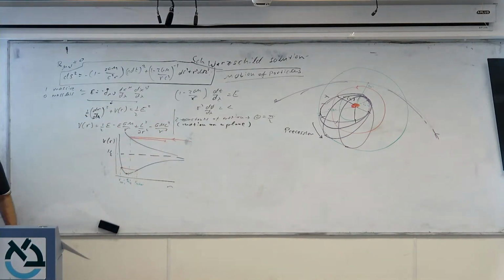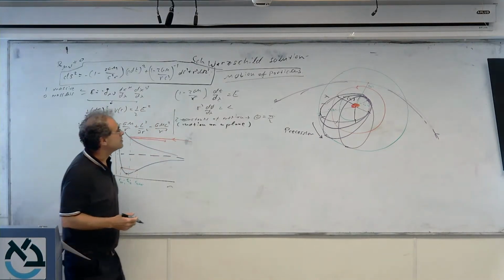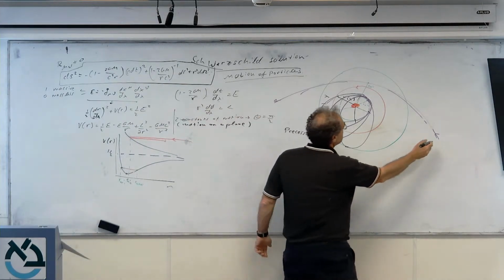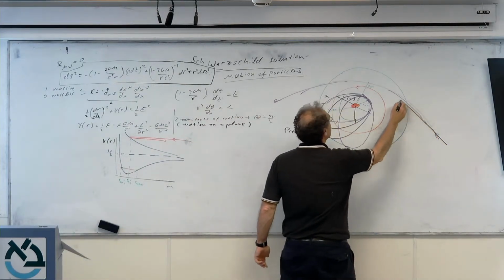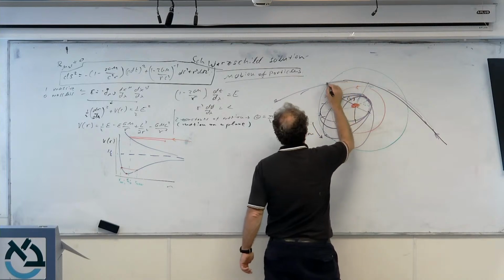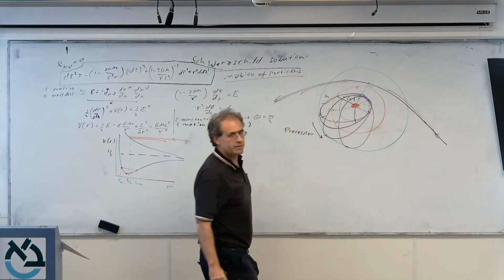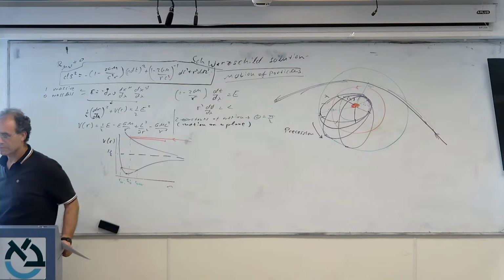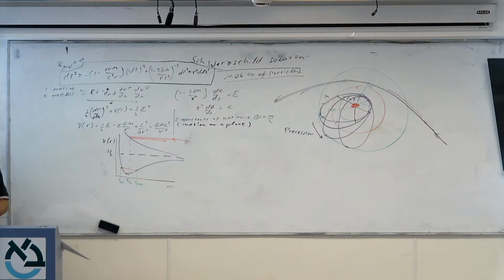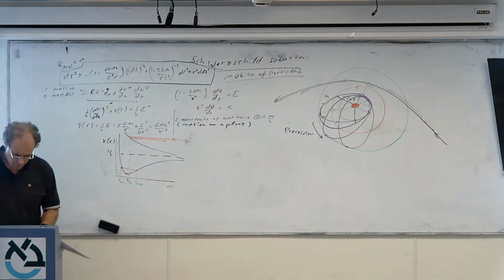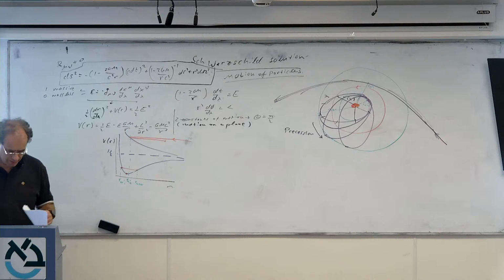This is the classical straight line that will be affected by gravity, and then goes away along a straight line. So think of meteorites.